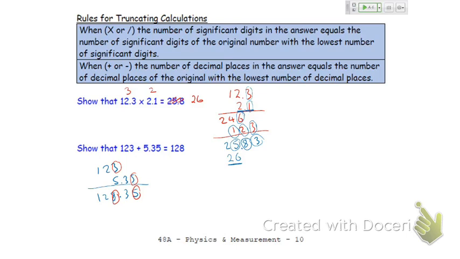I'm only allowed one uncertain digit. So this becomes 1, 2, 8. There's no rounding up because 3 is a small number. And if I look at this, they've both got the same number of significant digits, but what's counting here is that this has the least number of decimal places. It's got no decimal places, so I'm not allowed any decimal place in this. Okay? So 2 separate rules, and you've just got to know them and use them.